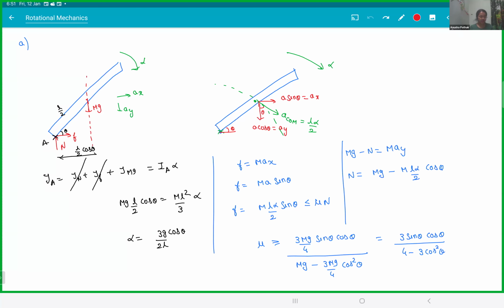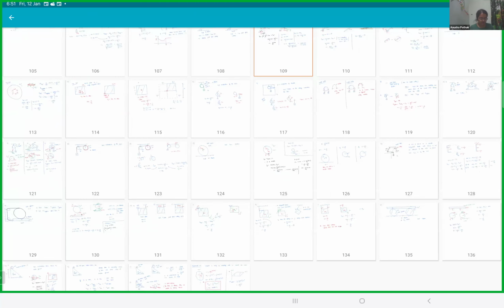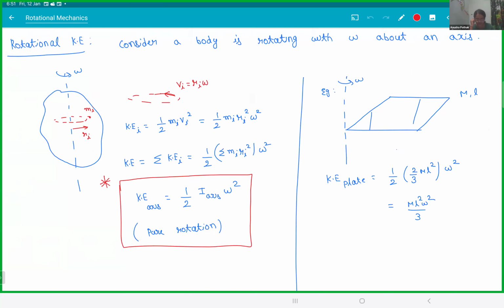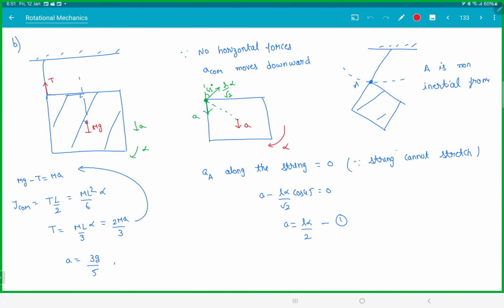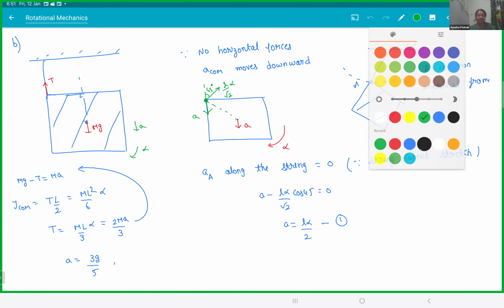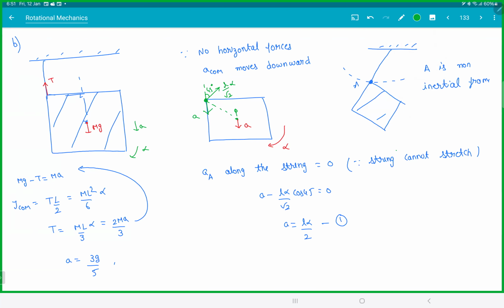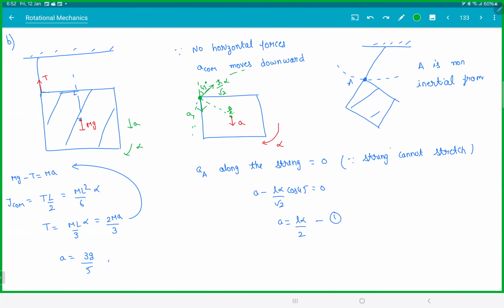I had one more doubt. Today we did the 40th question in the B part. Sir, in that, why did you take L by root 2 alpha first, and then take the component? Just explain that. You're standing here, right? It is rotating about the center of mass, isn't it? Yes. So what was the distance, the radius? L by root 2 alpha, right? So for this point A, if you see the acceleration, it is going down also.